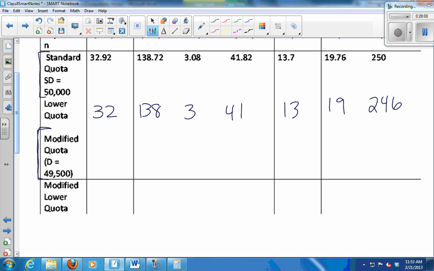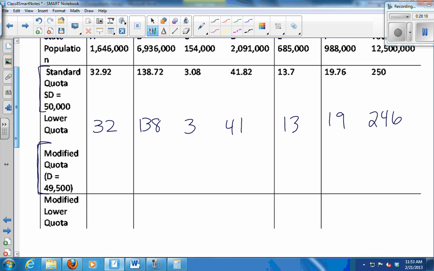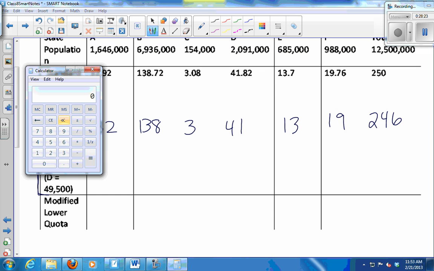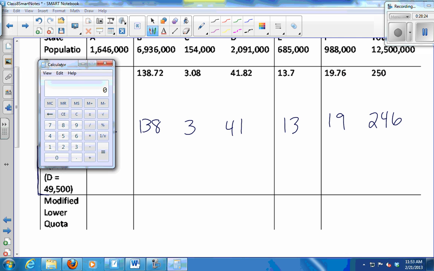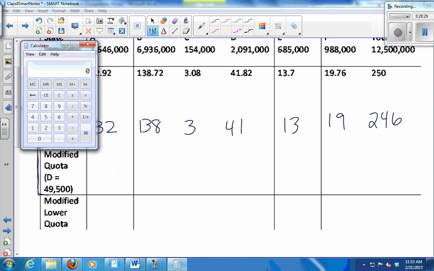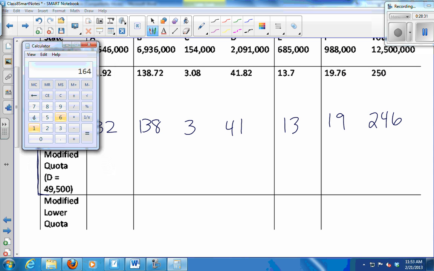Just make it a little bit smaller. So far, this is a total guess, and I'm going to show you a way to guess smartly. Let's just see what happens. We take each state's population, and instead of dividing by the standard divisor of 50,000, I'm going to divide by 49,500.